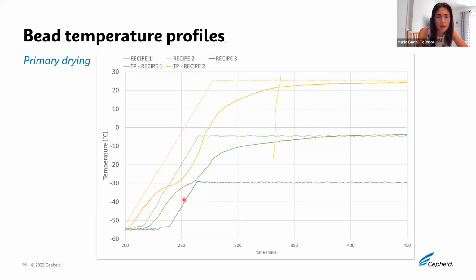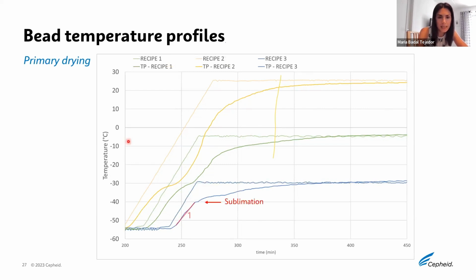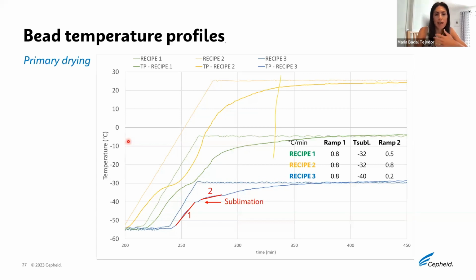And in the case of a more conservative drying cycle, which is cycle 3, we see the same shape for our curve, and sublimation starts at -40 degrees. Here it starts earlier since we are using a lower pressure, a higher vacuum, in our system. We start sublimating at the same speed, and after sublimation, the temperature in the bead will increase more slowly.